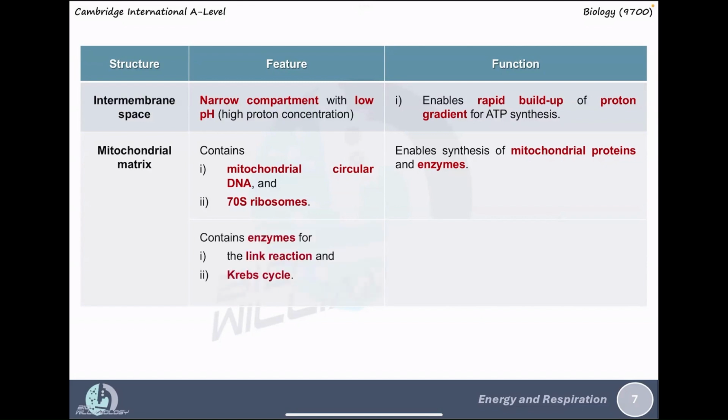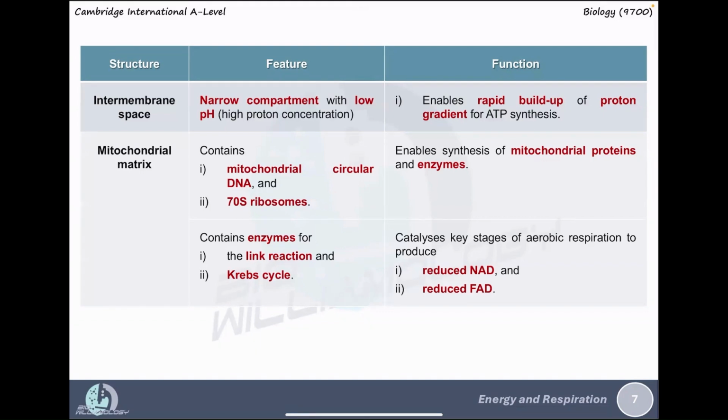Many enzymes in charge of the link reaction and Krebs cycle can be found in the mitochondrial matrix. Those enzymes catalyze the key stages of aerobic respiration to produce reduced NAD and reduced FAD.